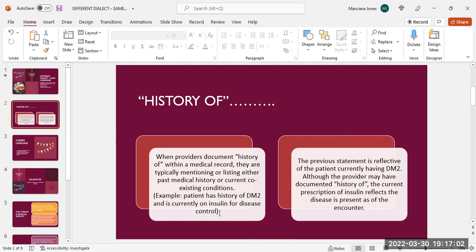However, when they continue to say that the patient is currently on insulin for control, that allows us to understand that this is a current condition. The statement reflects the patient currently having diabetes type 2. Although the provider may have documented history of, the current prescription of insulin reflects the disease is still present.